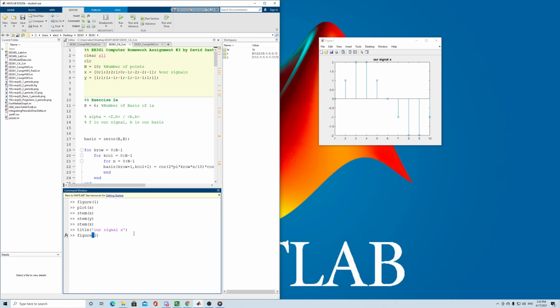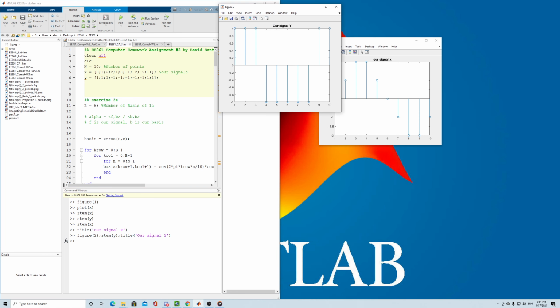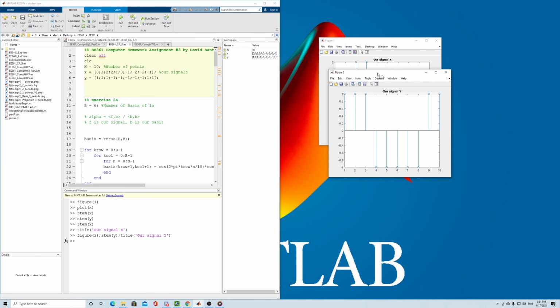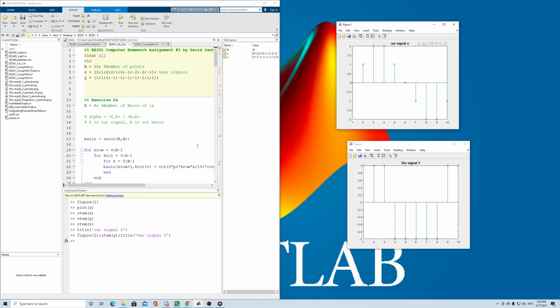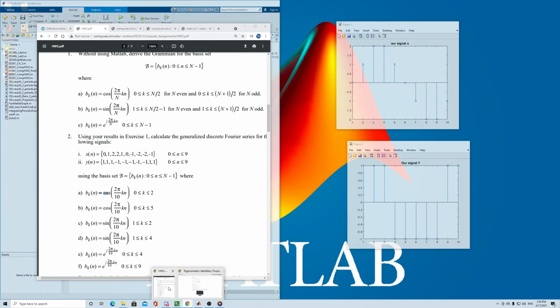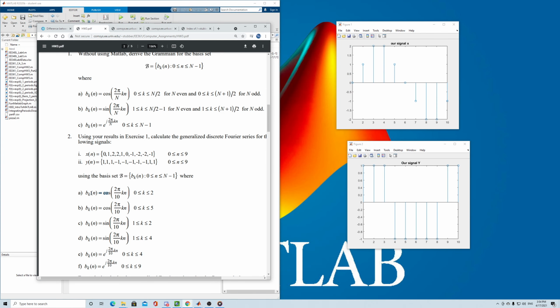And then figure 2, and then stem y, and title y, our signal y. There we go. Boom. You didn't know those tricks, right? So back to what I was trying to say.